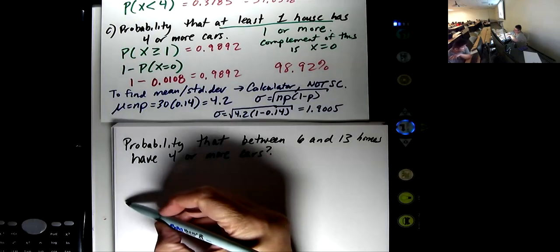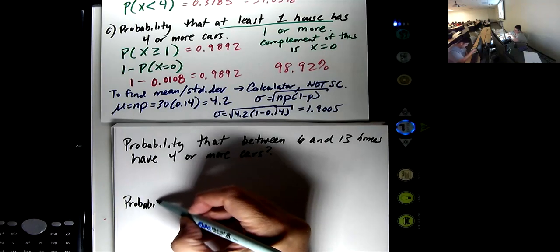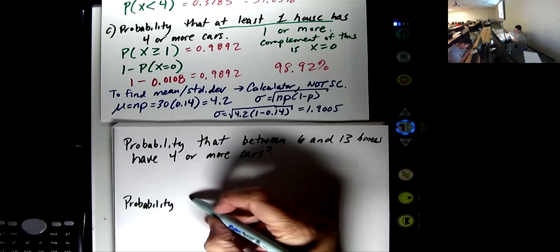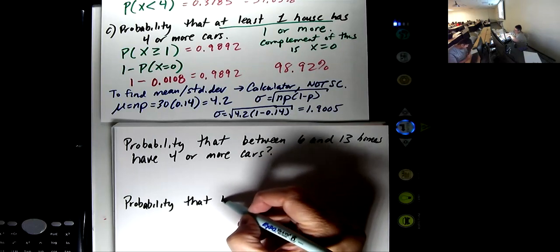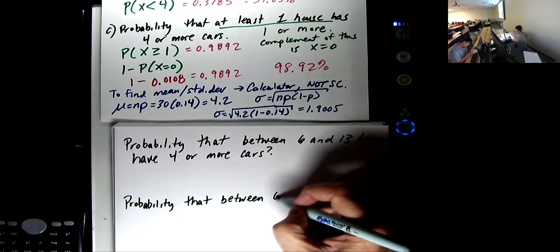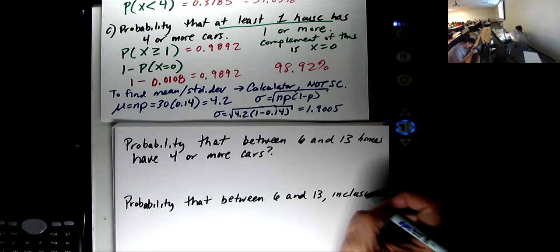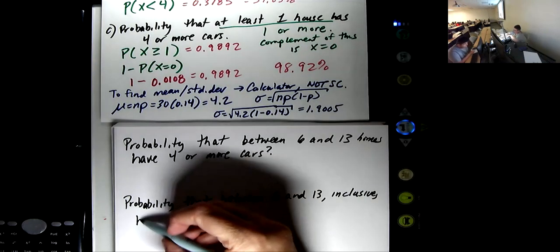Then I'm going to adapt that to say probability that between 6 and 13 inclusive have 4 or more.